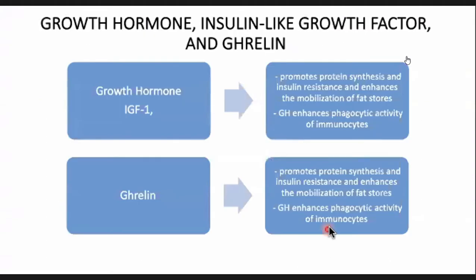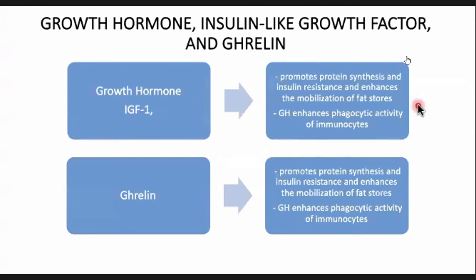We also have other factors like growth hormone, insulin-like growth factor, then ghrelin. The growth hormone and insulin-like growth factor 1 promote protein synthesis and insulin resistance and enhance the mobilization of fat stores in the body during inflammatory states.